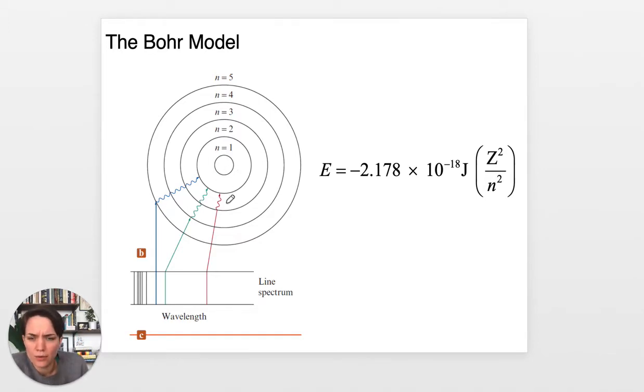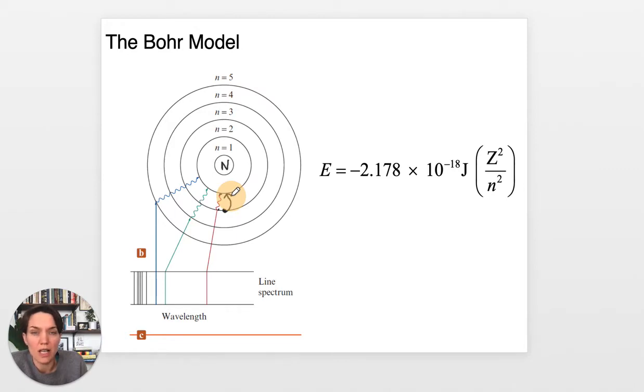Okay, so the wavelength represented here would be our jump from n equals 1, so this is the nucleus, and here we have n equals 1, and if that electron gets excited to the next orbital, it will only stay there for a brief period of time, for as long as it can maintain that higher energy state, and then eventually it will decay, so it'll go from this n equals 2 down to n equals 1.